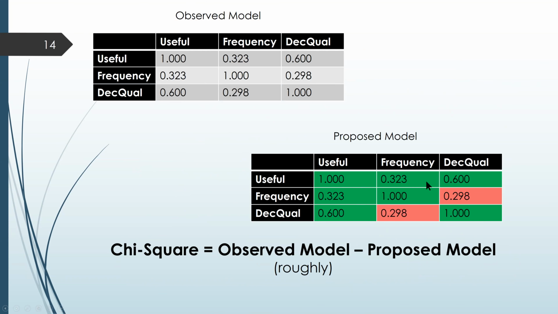We have no relationship between decision quality and frequency, for example. And so is this relationship that we're not accounting for a big deal? If it isn't a big deal, we still have good model fit. Our model is valid. We can conclude with confidence that what we observe is valid. If this is a big deal here, then we don't have any confidence that what we are observing is valid.